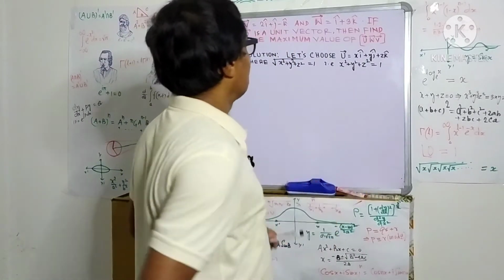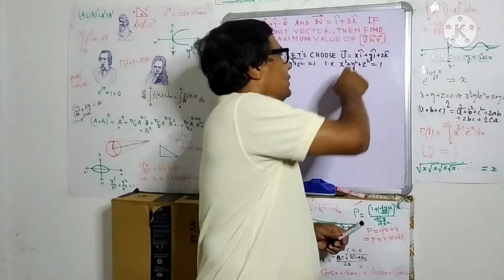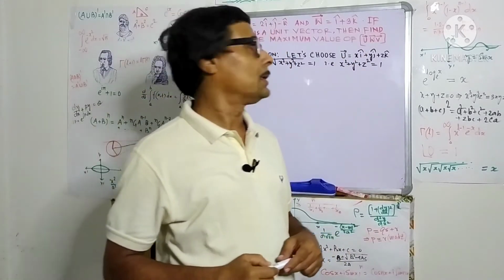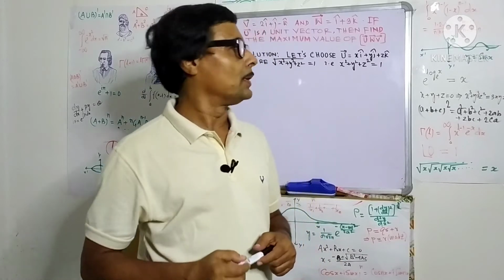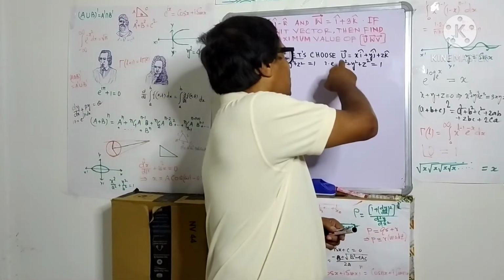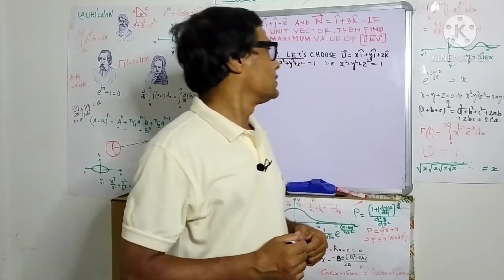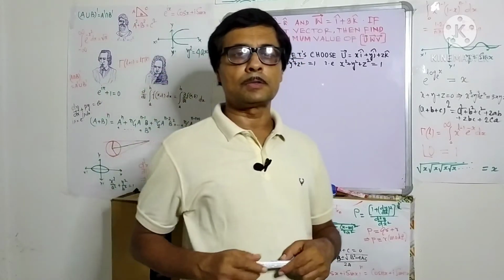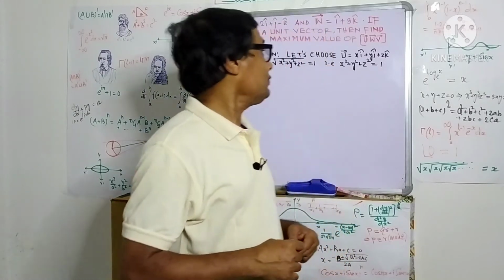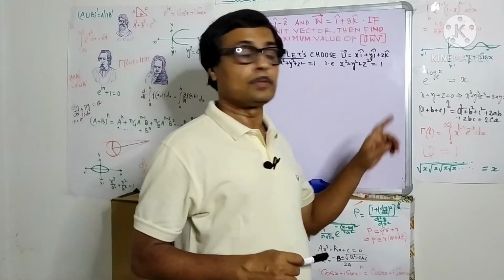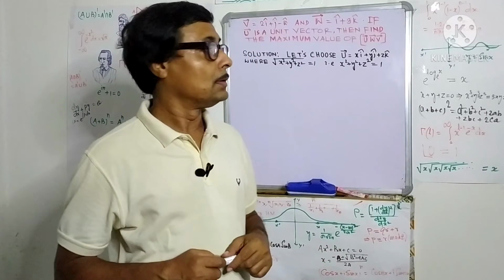Here let us choose u equal to xi plus yj plus zk. U is an arbitrary unit vector, so the magnitude of this vector is 1, that is root over x square plus y square plus z square equals 1, and also x square plus y square plus z square equals 1.